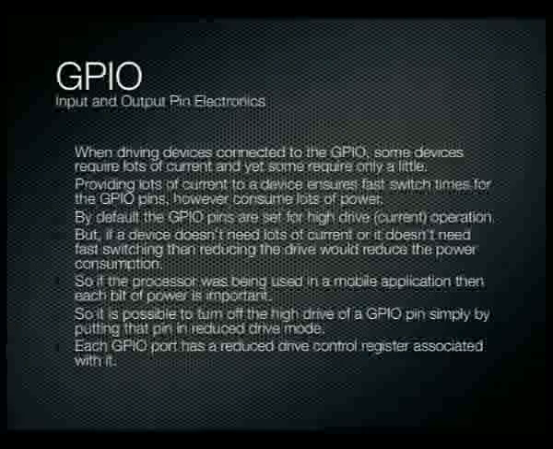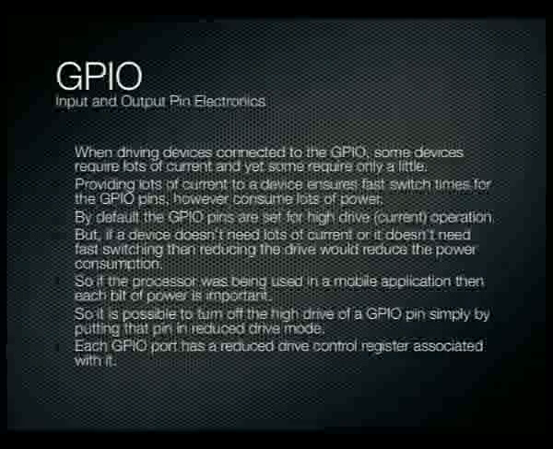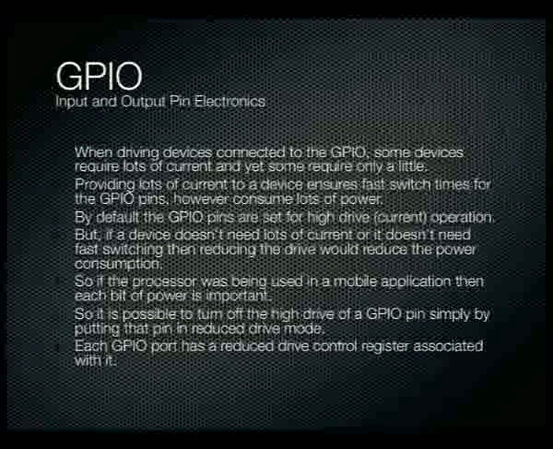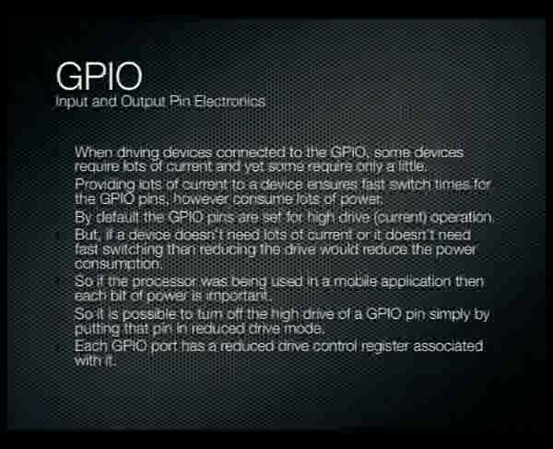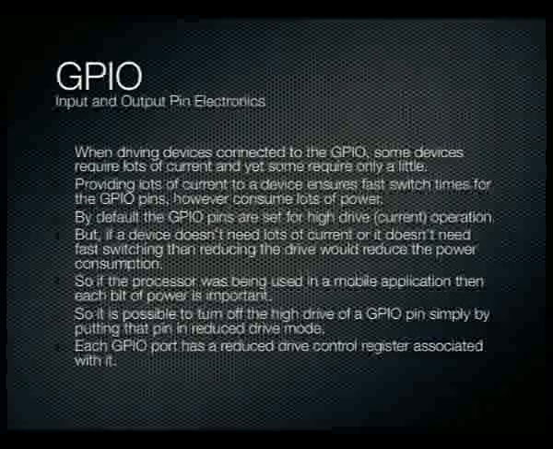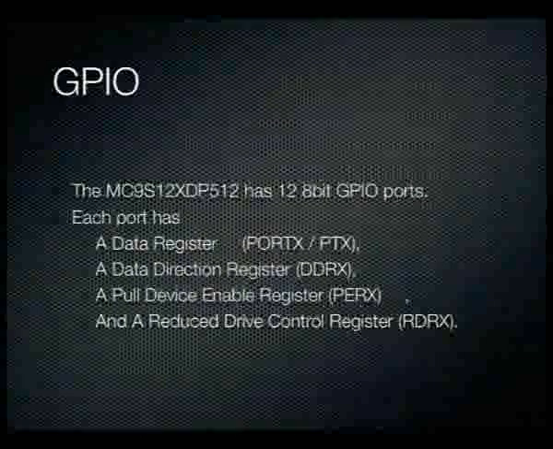It's possible to turn off the high drive of a general purpose I/O port simply by putting that pin into a reduced drive mode. Each general purpose I/O port has a reduced drive control register associated with it. So you turn each one of the pins to reduced drive if that pin doesn't require it, and therefore you can make better use of your power.